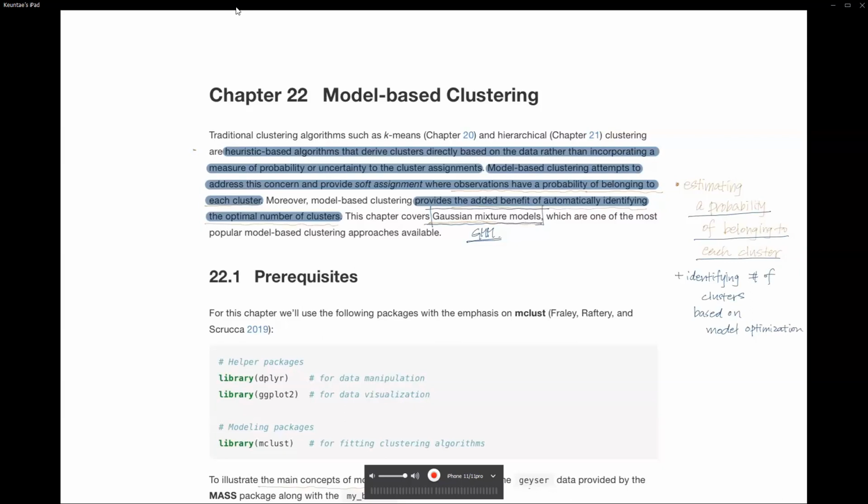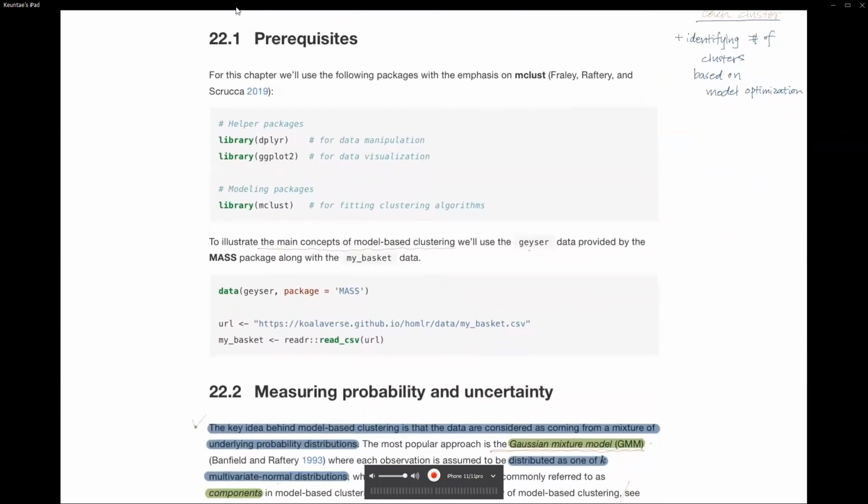So through a set of statistical analyses, we can determine the number of clusters within these modeling approaches. Here are the prerequisites: we're going to use mclust in this case, and the Geyser data from the MASS package.